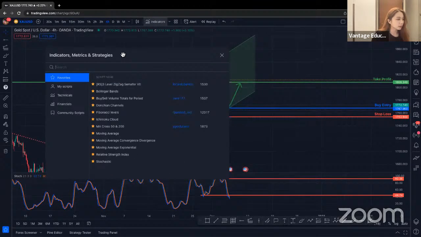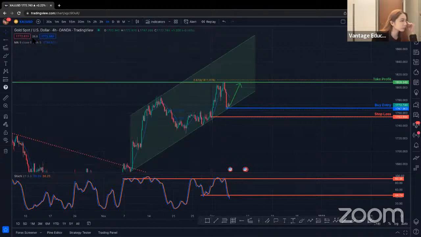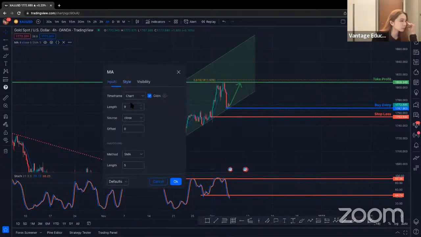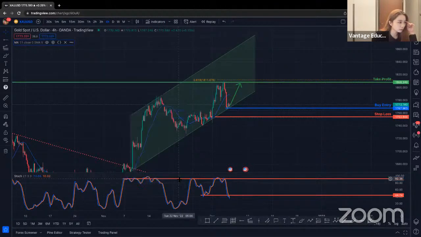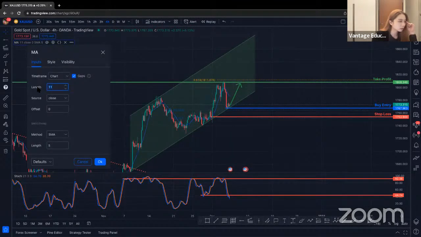Okay, and then we can look at moving average. Too far for H4, maybe 14. 9. Okay, so hold on. 14 seems fine actually.